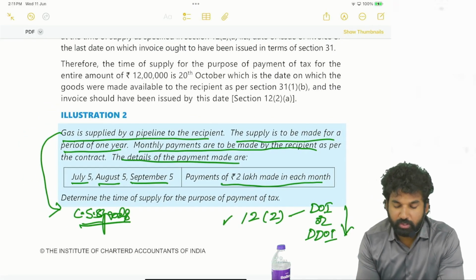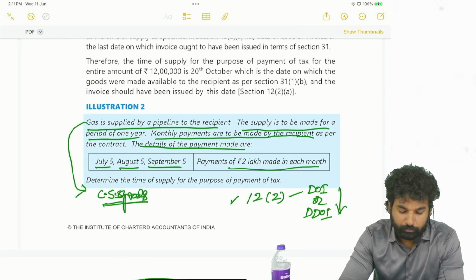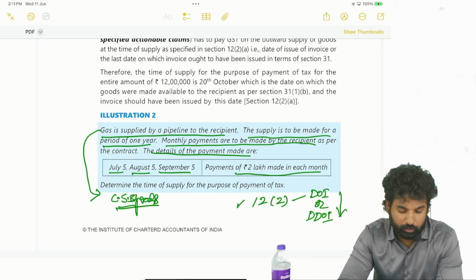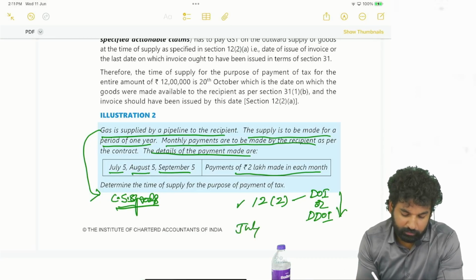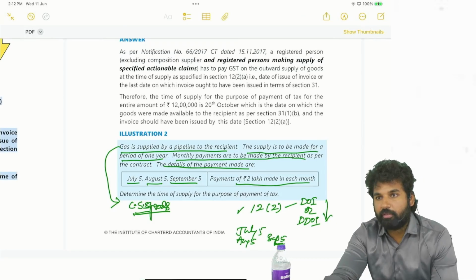Due date of invoice, on or before July 5th, August 5th, September 5th. Correct? That will be the invoice dates.